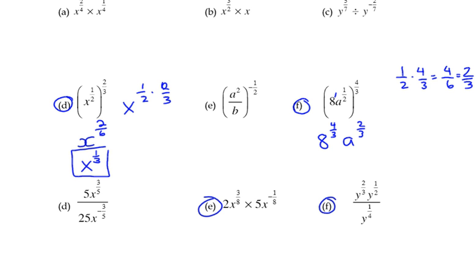Okay, so we never want to leave coefficients with exponents. We always have to evaluate our coefficients. It's okay if our variables have exponents because we can't go any further. So we want to evaluate this. So how do I evaluate 8 to the power of 4/3?